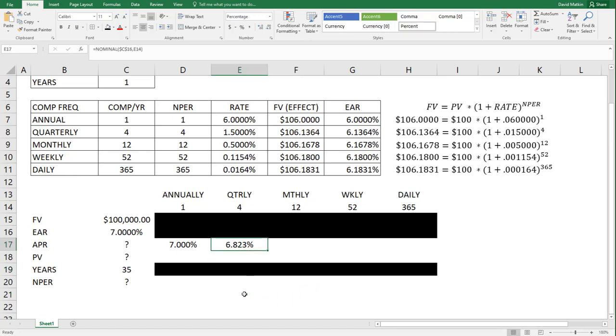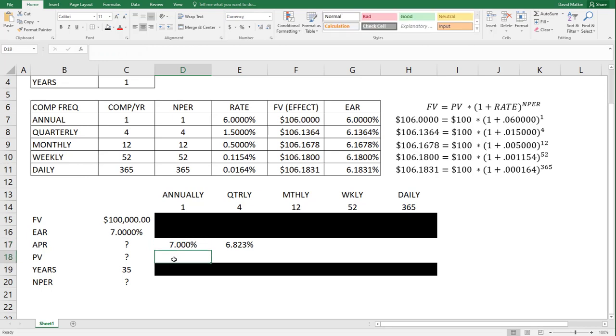So here, this 6.823, if we feed this 6.823 into a time value of money function, but treat this annual percentage rate as quarterly compounding, it will grow annually at the same amount as if we use the 7%, but only compounding annually.